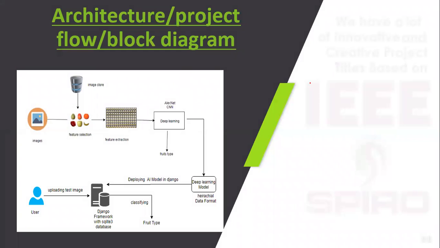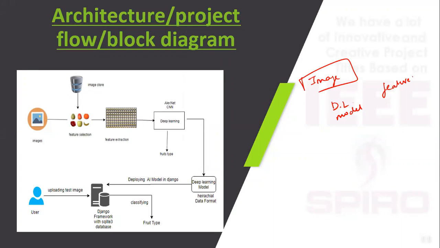Architecture: first we collect the images. We train on the images in a deep learning model. In the deep learning model, the machine will learn the different features of different fruits. After getting the features of different types of fruits, the machine can now classify the images.